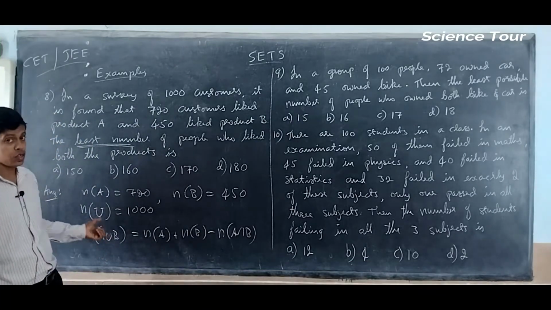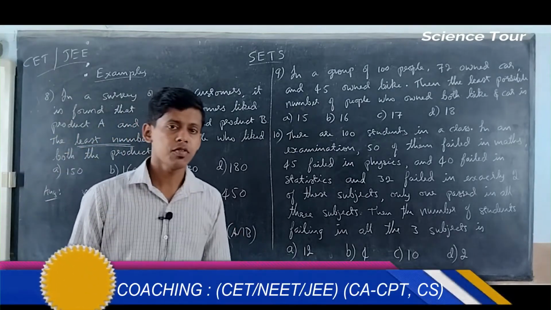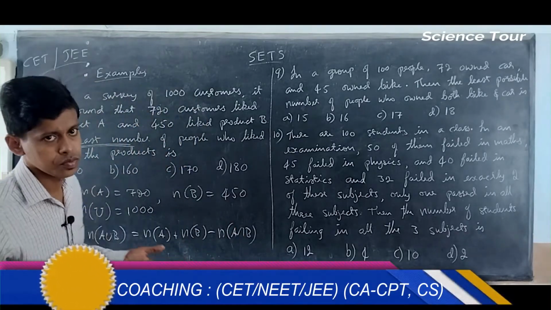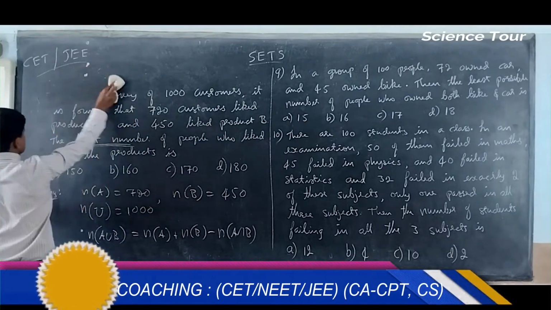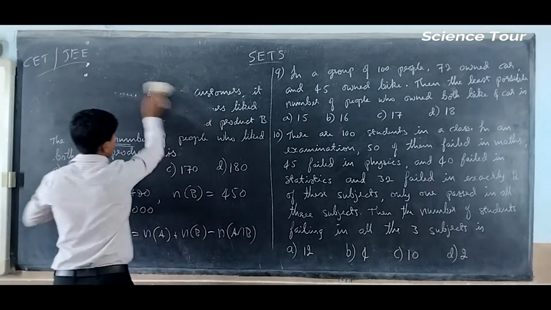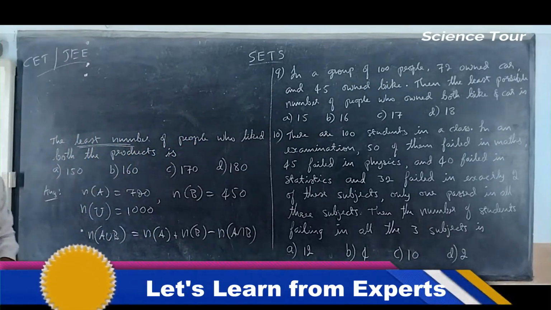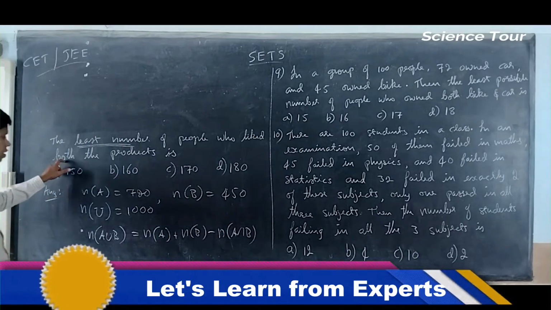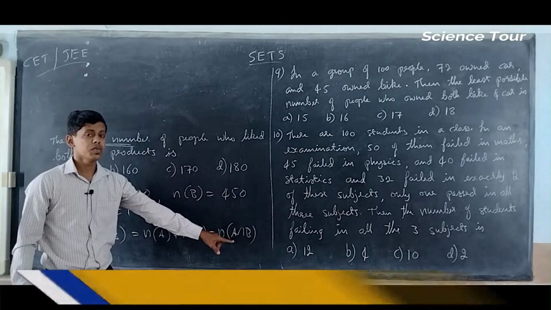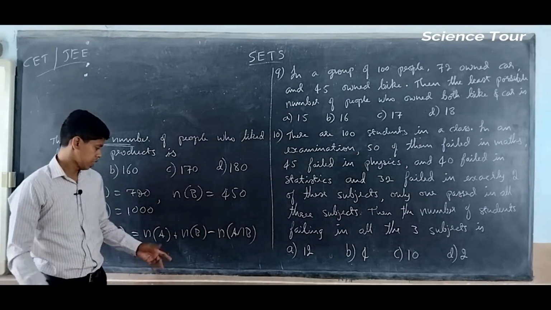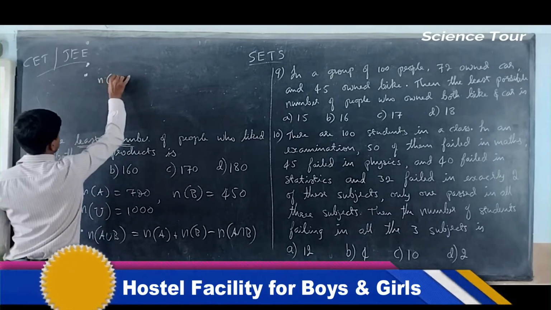You don't know the exact value of A union B, so you cannot find the exact value of A intersection B. So what you can find is only the least value. Let's see how. See, in this case what we need to find is the least number of people who liked both. That means the least value of this. When do you think this will be least?